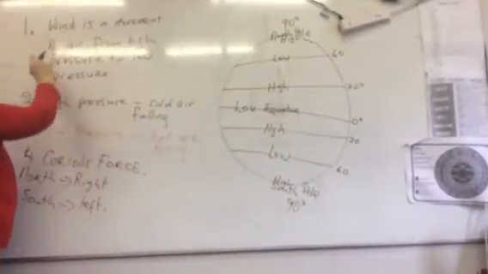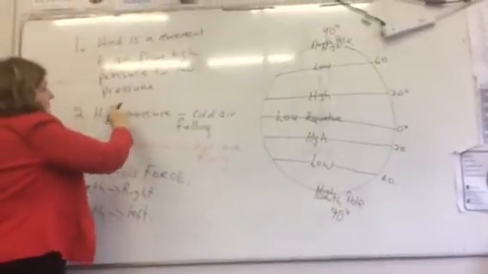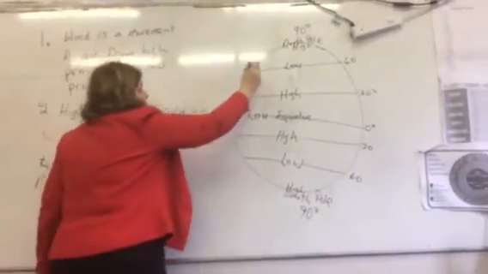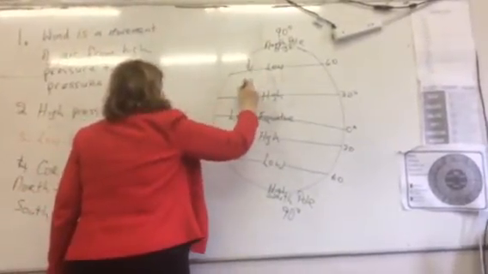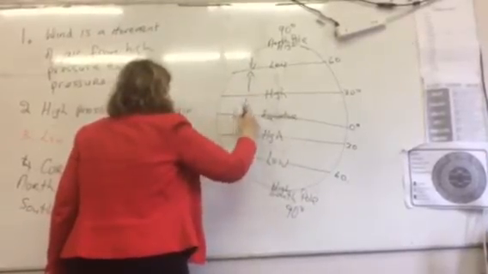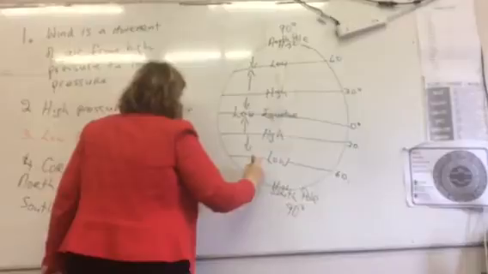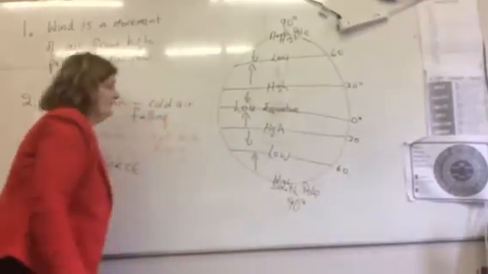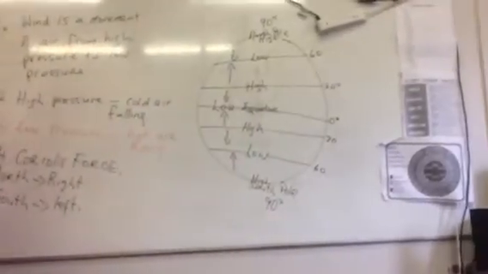Now, we learned that wind is a movement of air from high pressure to low pressure, so we just put in our winds going from high to low. Very simple.